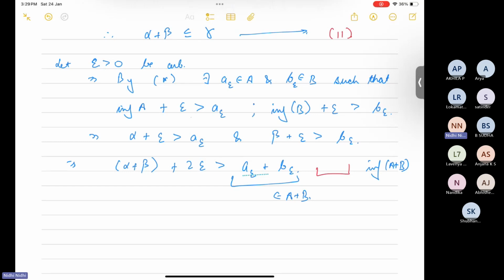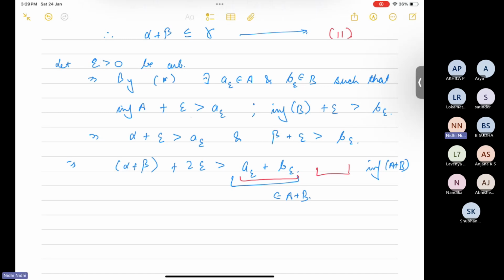Sorry? It is not a lower bound. It is an element. See, a epsilon plus b epsilon is an element of A plus B. The infimum is the greatest lower bound, so it will be greater than all the lower bounds.